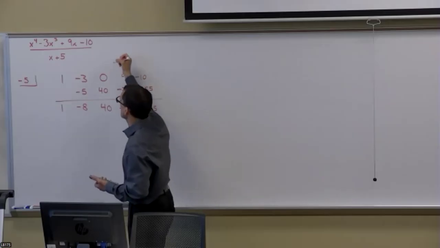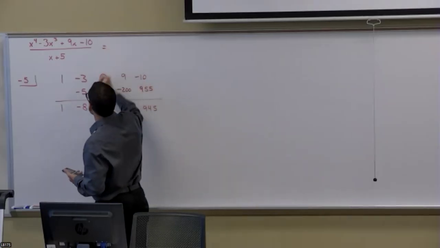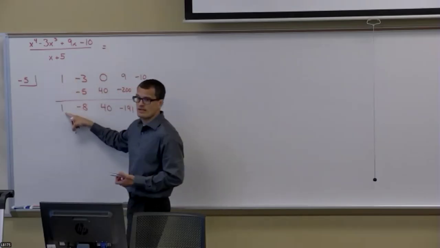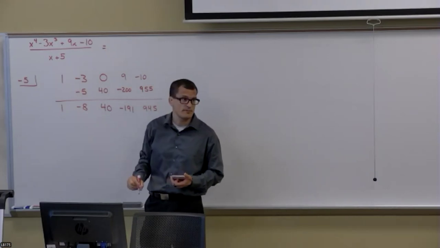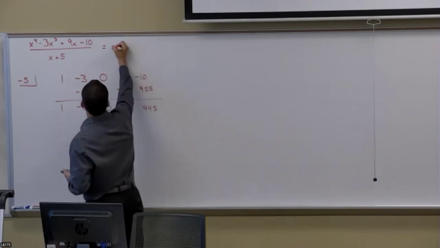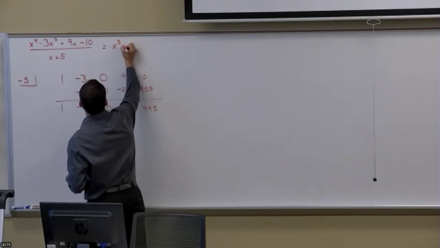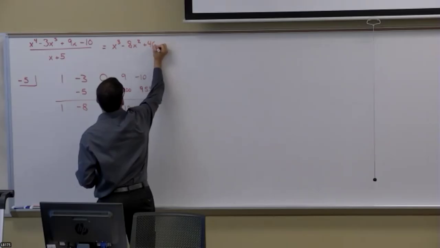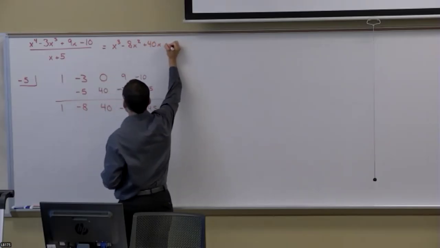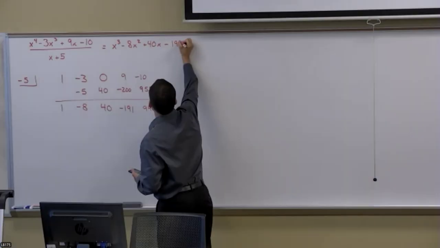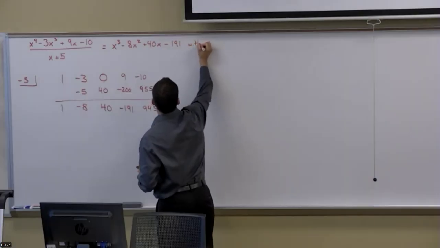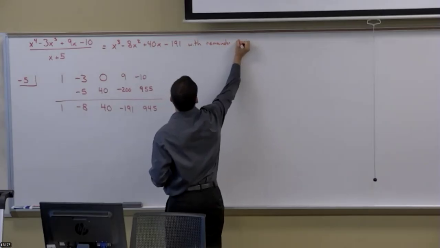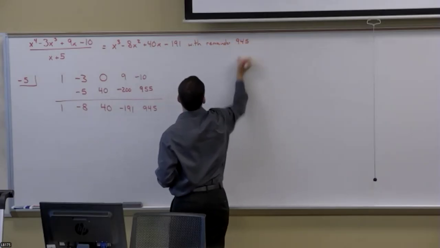So that means when I divide these two polynomials, remember we started with an x to the fourth term, so down here we're starting with an x to the third term. We end up with 1x to the third minus 8x squared plus 40x minus 191 with remainder of 945.